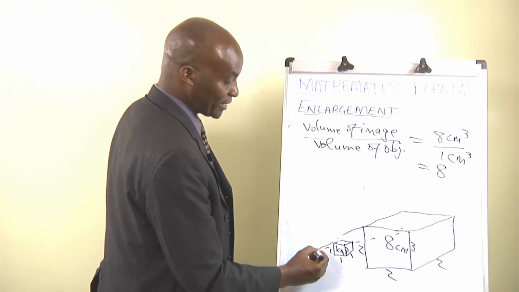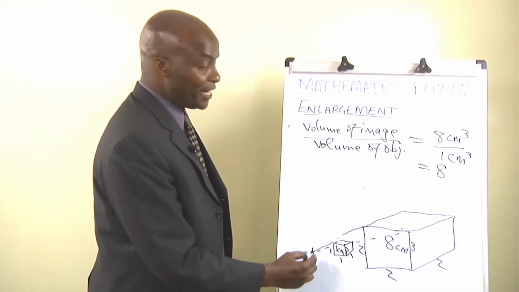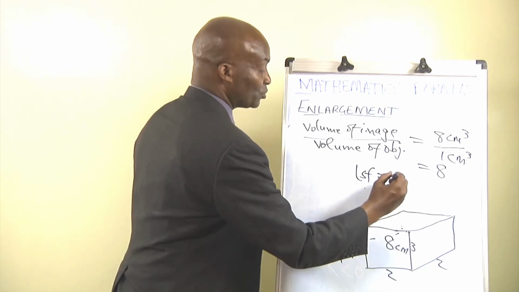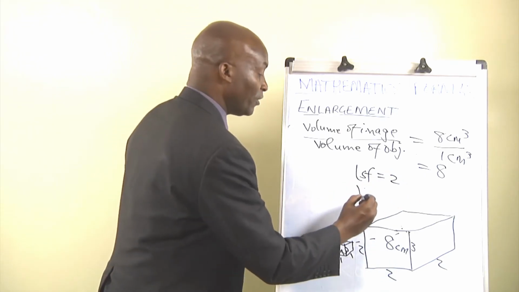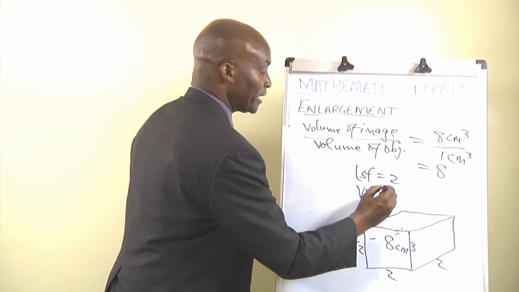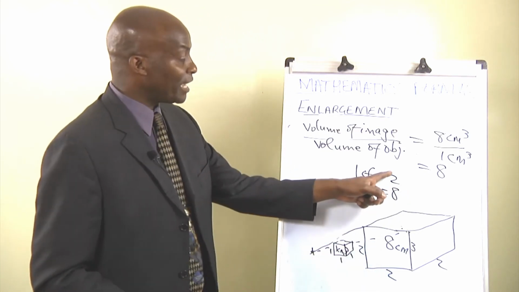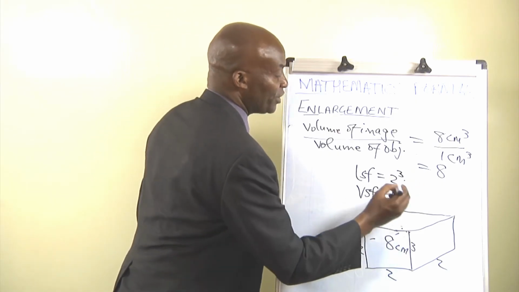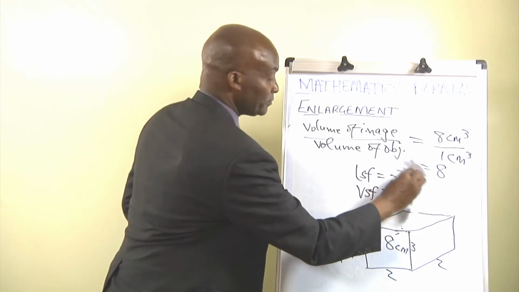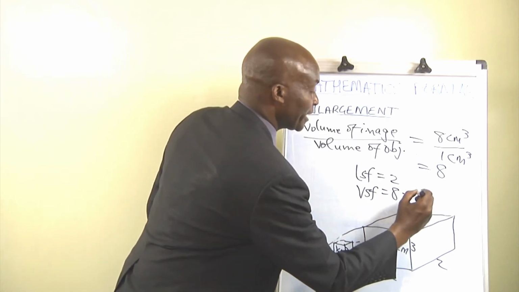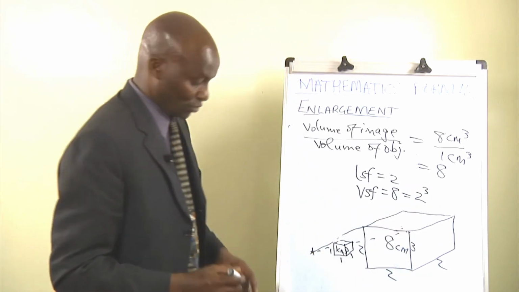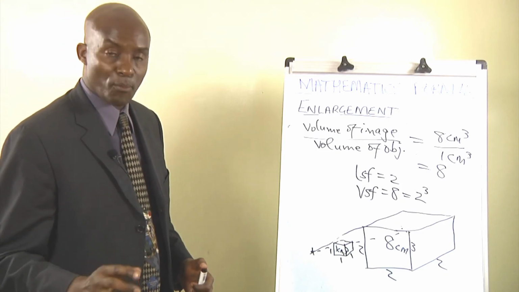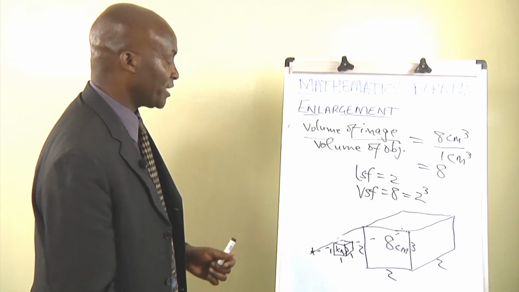The linear scale factor, LSF, was equal to 2, but the volume scale factor is 8. So what has happened to 2 to make it 8? We simply cubed. If we cube 2, we get 8. So we can now write down the fourth property about enlargement.